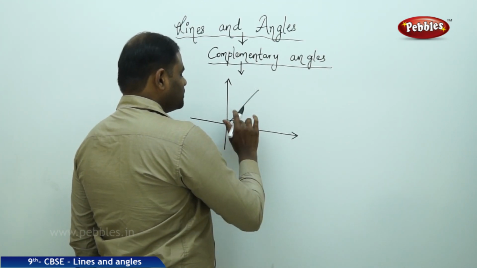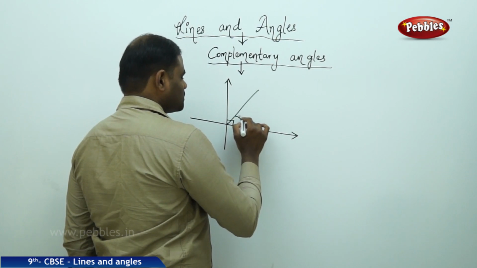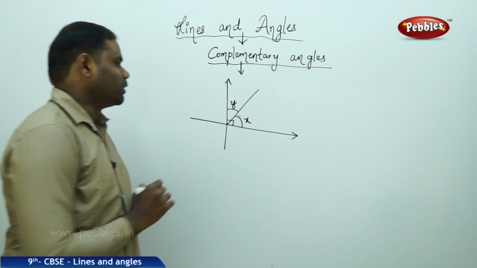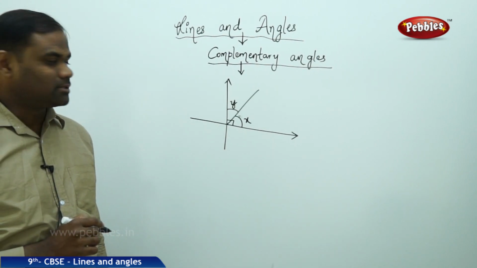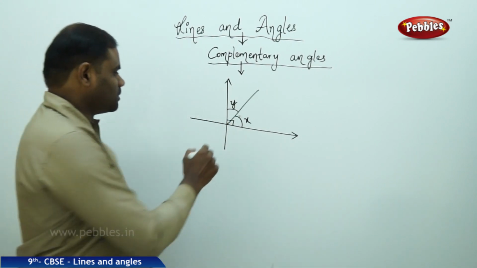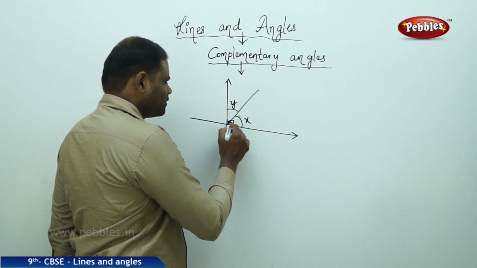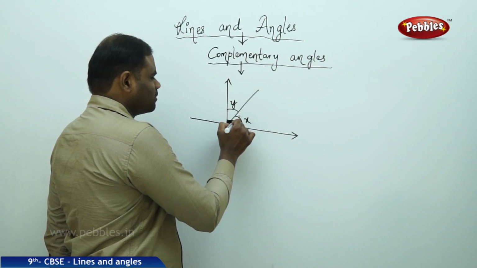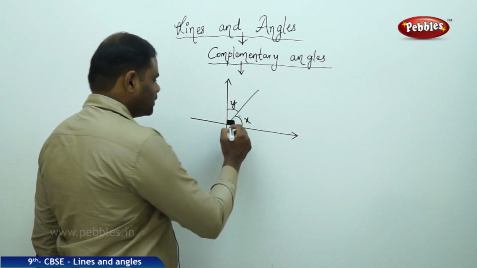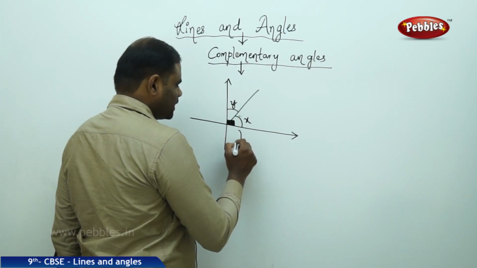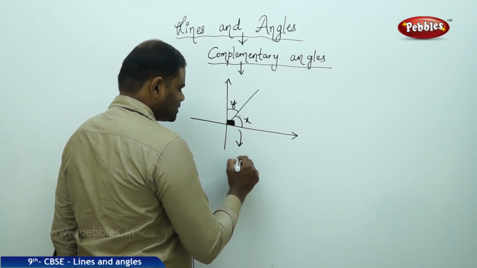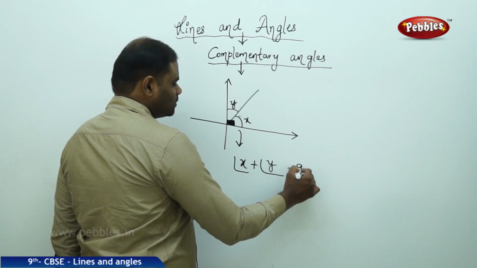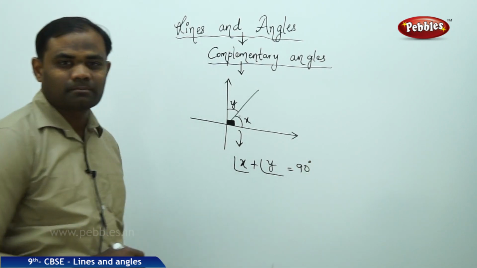There's another line which makes angles x and y with the given perpendicular lines. Since the whole angle is a right angle, my angles x and y sum to 90. Therefore, clearly I can see from this diagram that angle x plus angle y equals 90 degrees.